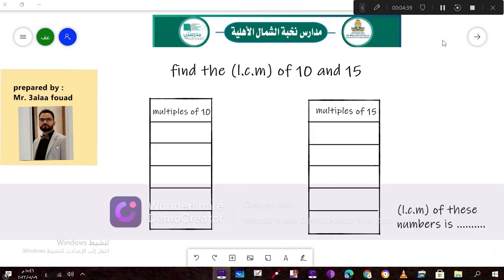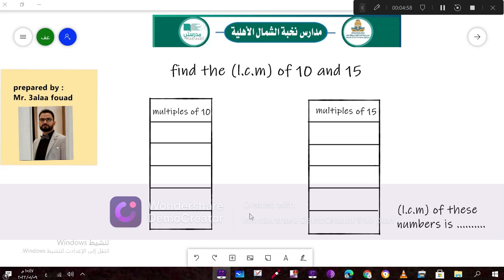Now we will move on to another way to find the lowest common multiple, which is by using prime factorization. For example, find the LCM of 10 and 15. We know we can list some multiples and find the smallest value common to both numbers.